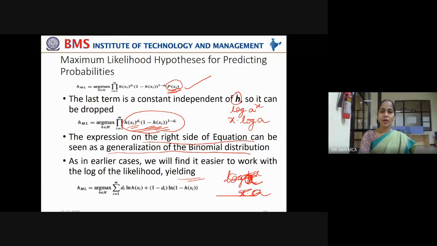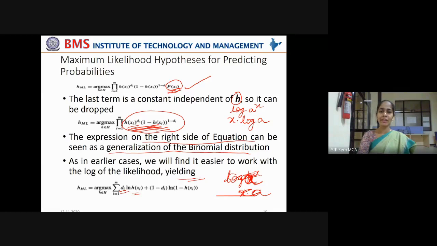Now, you are applying log to this formula. So how do you get the terms? This exponent term comes to the beginning, di, log is represented by ln, this h of xi, log applied to h of xi, plus. Product will become plus when you apply log, you know that. Log of a into b is nothing but log of a plus log of b.